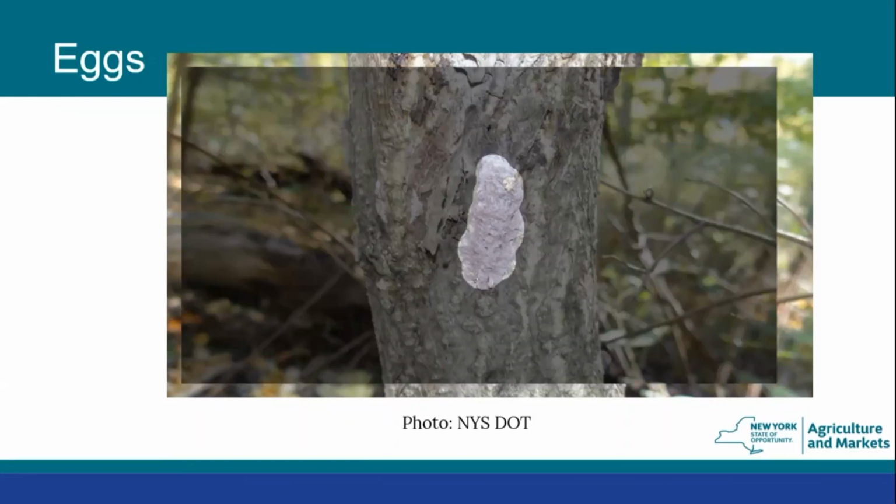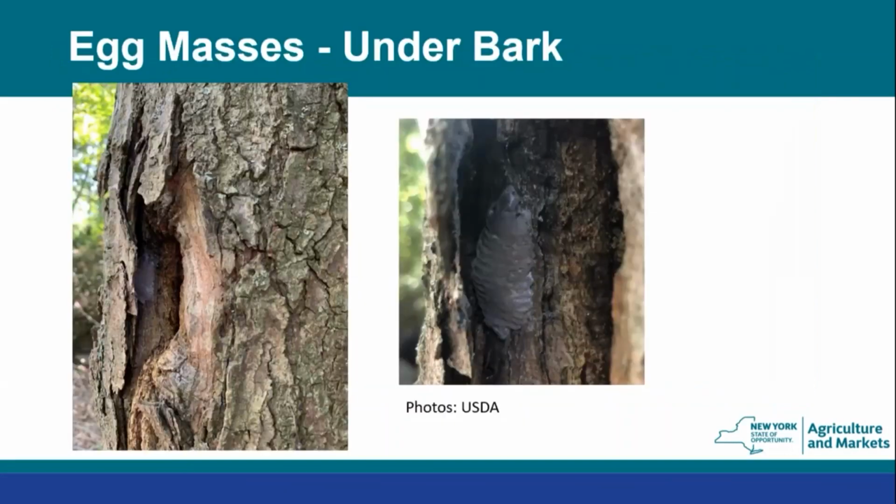So next page, please. As I mentioned, they like to lay in protected areas. So here's some callus tissue on a tree trunk, where it looks like either a branch had broken off, or maybe something had banged up against the tree and it started producing wound wood, and the bark's curling over.